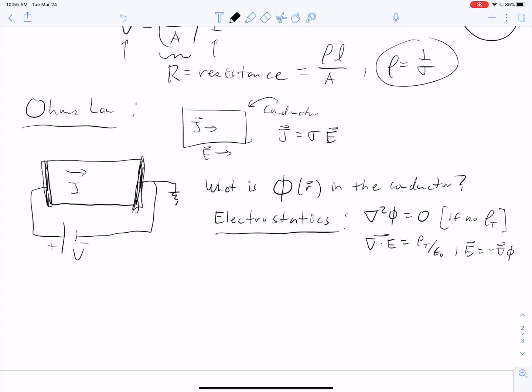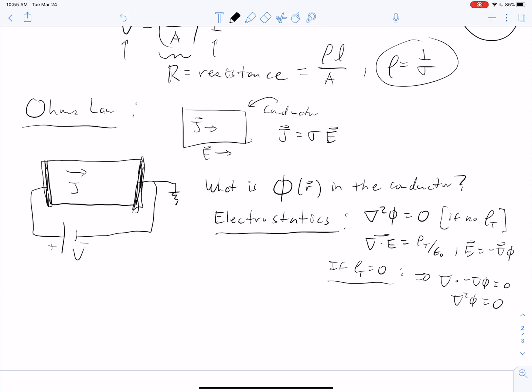So if rho total equals 0, then I get del dot negative del phi equals 0, and that gave me del squared phi equals 0.